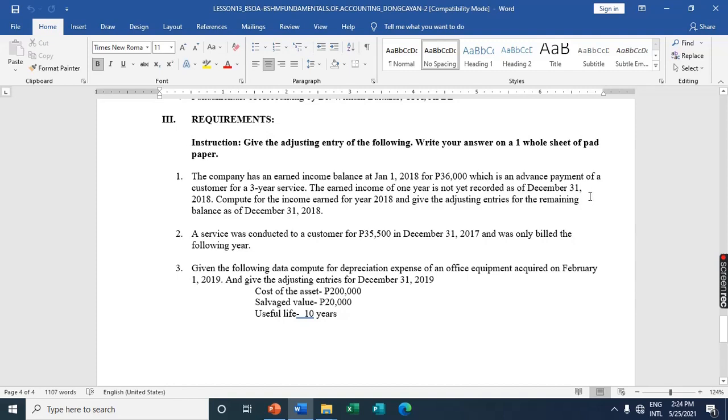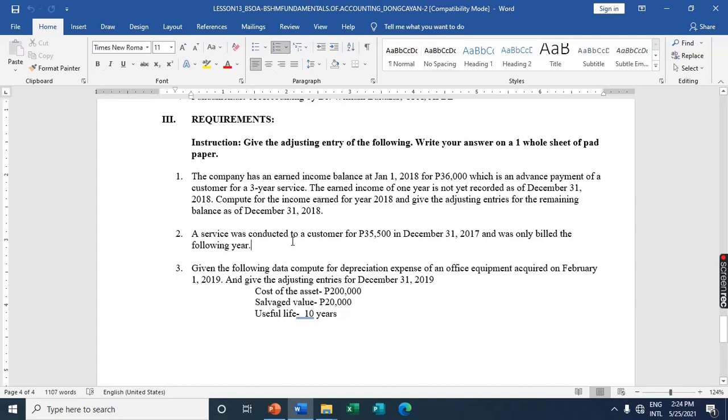So, compute the income earned for the year 2018 and give the adjusting entry for the remaining balance as of December 31, 2018.